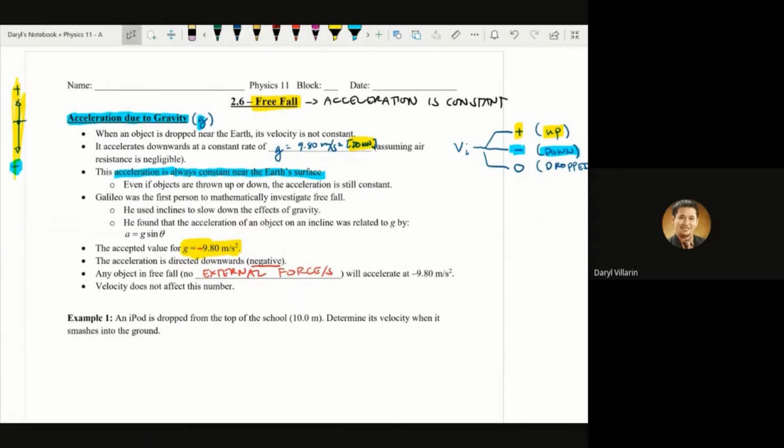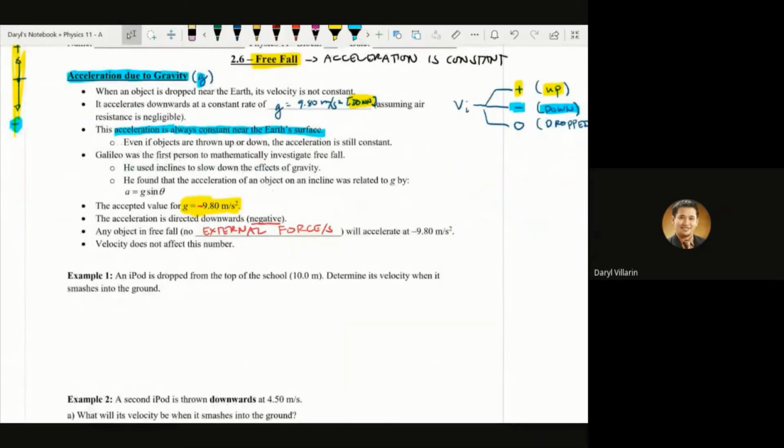An iPod is dropped from the top of a school 10 meters high. Determine its velocity when it smashes the ground. It's always good to start any problem with a diagram.